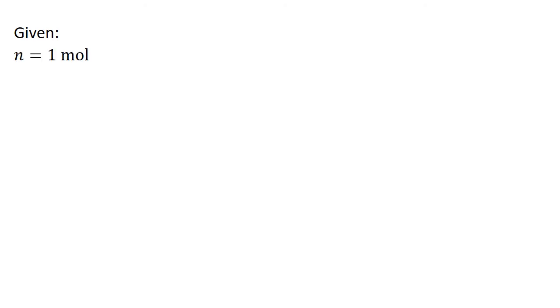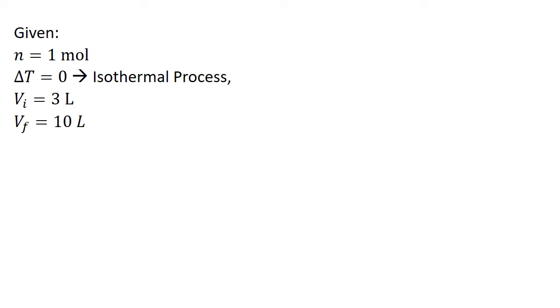Sa problem natin, ang given natin ay meron daw tayong isang mole ng gas which is kept at constant temperature. Ibig sabihin, walang change dun sa temperature, and this means it is an isothermal process. Moreover, ang initial volume ng system natin is 3 liters and ang final volume niya is 10 liters.